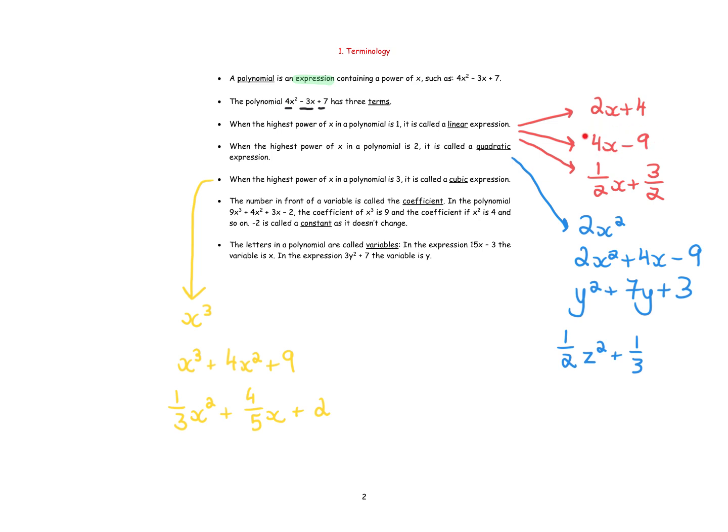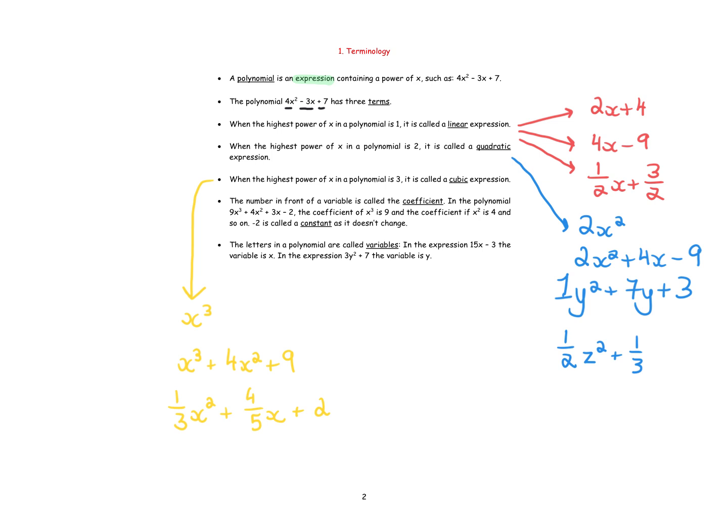In this one, the coefficient of x is 4. Coming down to this expression here, the coefficient of x squared is 2. Interestingly, when we have y squared plus 7y plus 3, the coefficient of the y squared is 1. Whenever we have a term that has no number in it and has a variable, there must be a 1 in front of it.